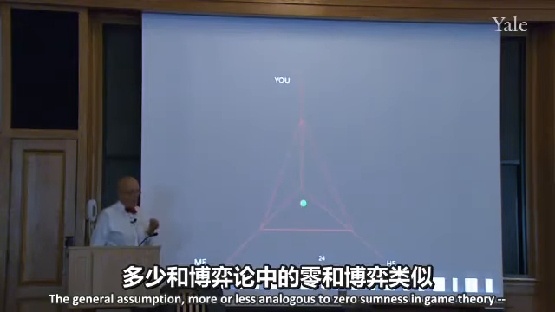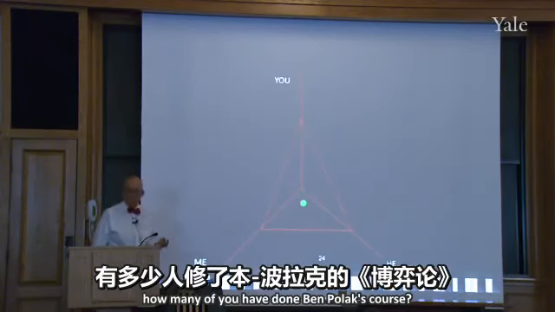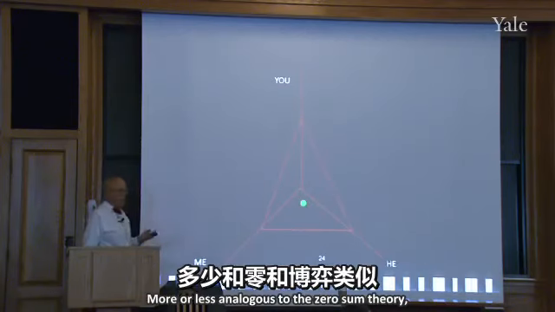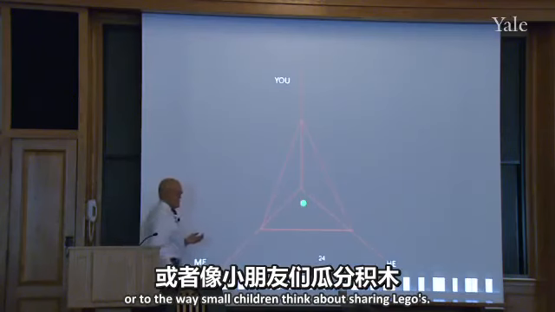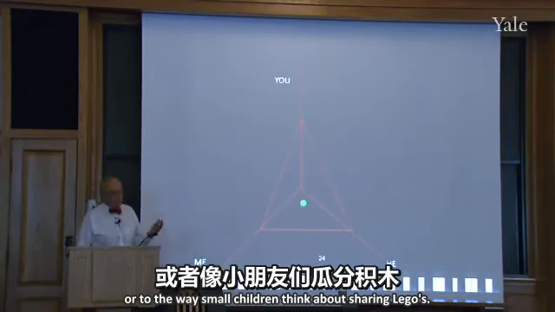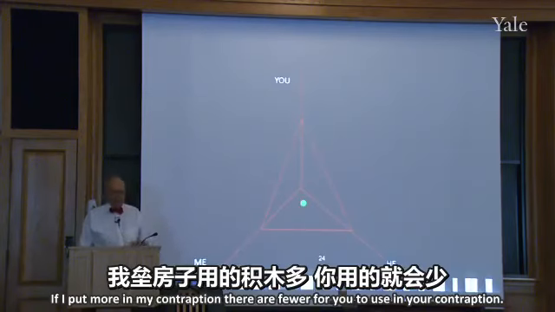And the general assumption is more or less analogous to zero-sumness in game theory. How many of you have done Ben Pollock's course? Okay. More or less analogous to the zero-sum theory, or to the way small children think about sharing Legos, right? If I put more in my contraption, there are fewer for you to use in your contraption.